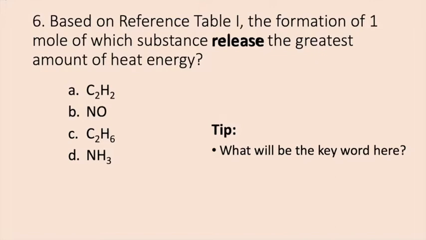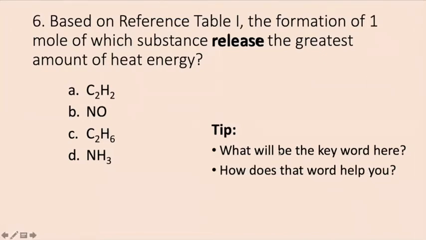Is it going to be a negative delta H on Table I or a positive delta H? Now that word helps you in that way. So take a moment. Which one is going to be an exothermic reaction and which one's releasing the greatest amount of heat for 1 mole of the substance being made?